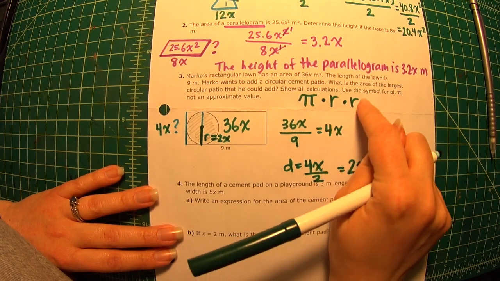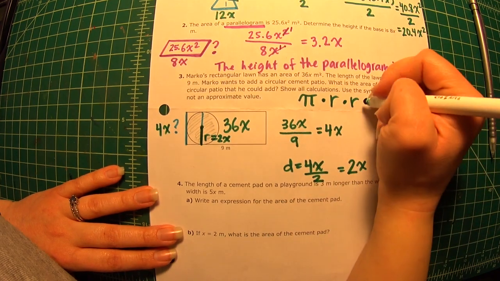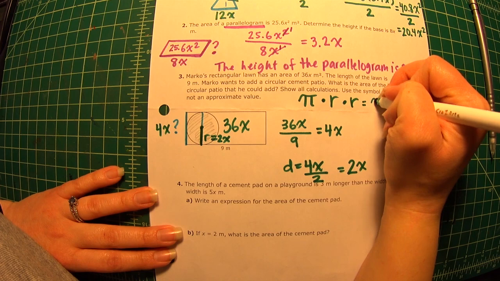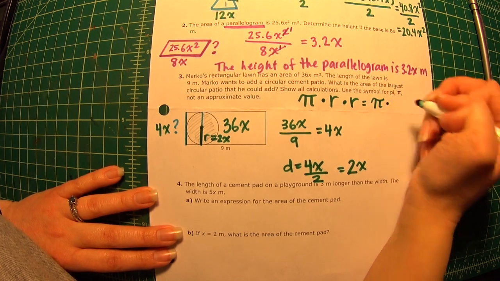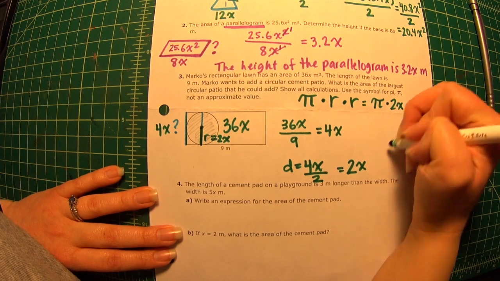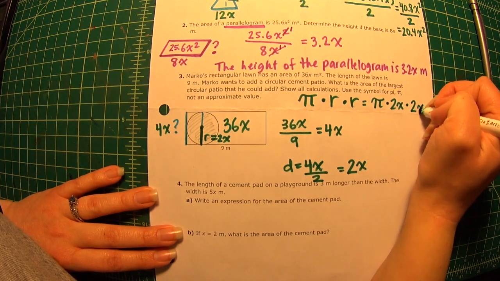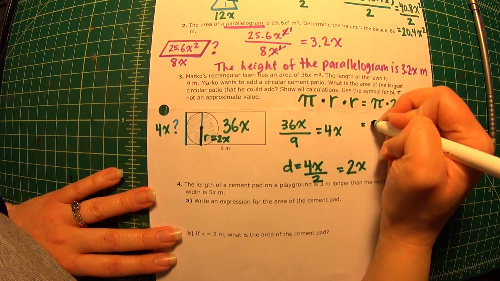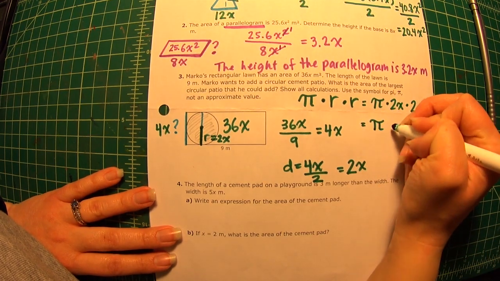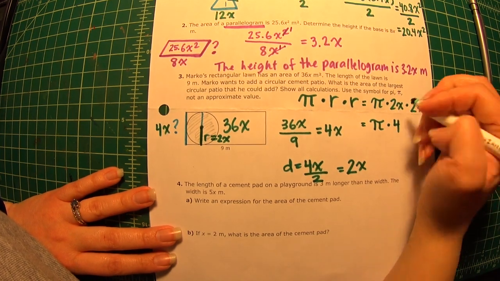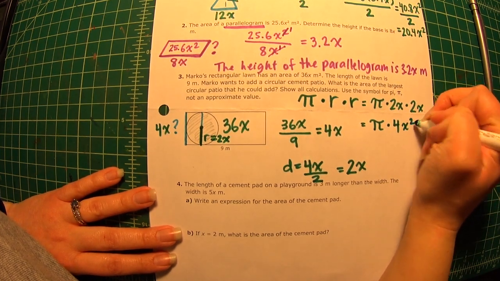Now I've got enough information that I can fill in my formula. So pi times radius, 2x, times radius, 2x. Let's multiply that out. That turns into pi times 2 times 2 is 4, x times x is x squared.